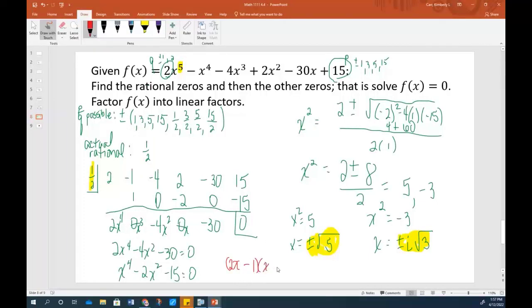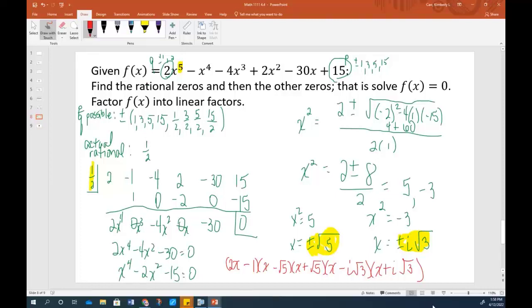And then I have x minus root 5, x plus root 5, x minus i root 3, and x plus i root 3. So that's 1, 2, 3, 4, 5 factors we've accounted for.